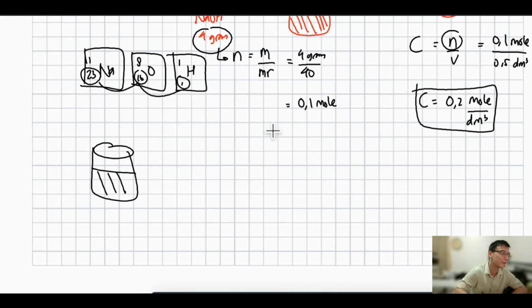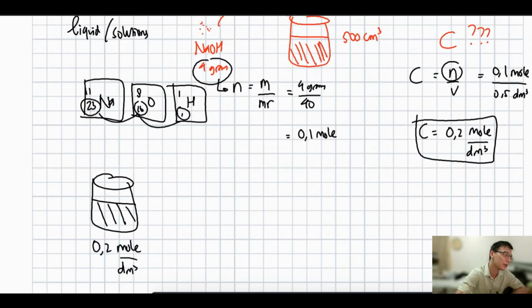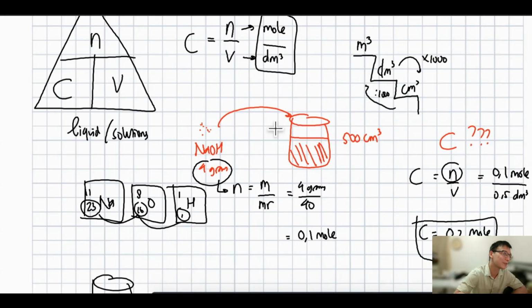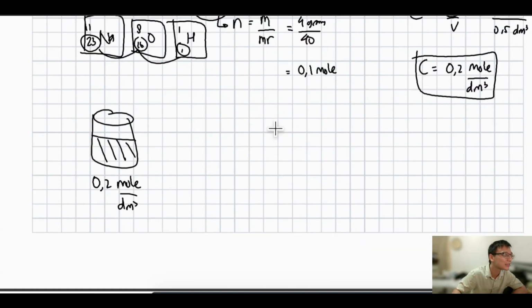So that's why, for example, you have this one that is 0.2 mole per decimeter cube, and this one is 500 centimeter cube, or 0.5 decimeter cube. This is the concentration, this is the volume.